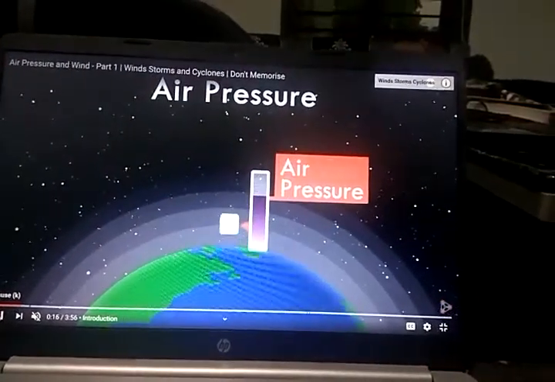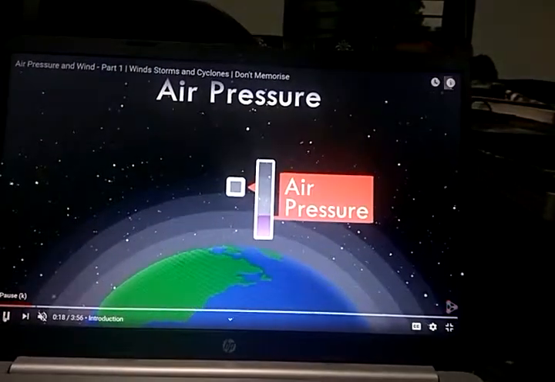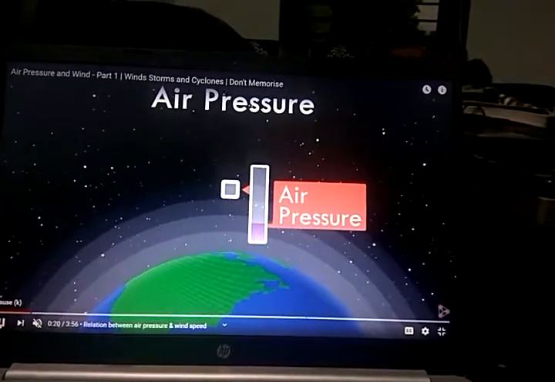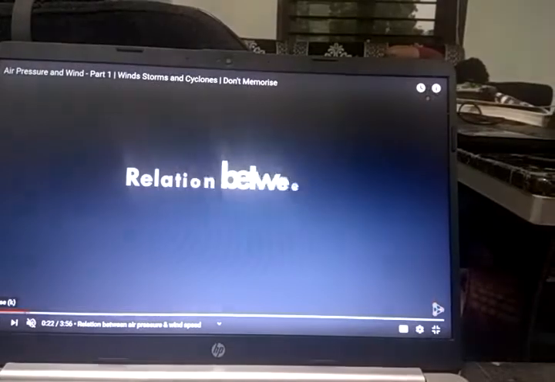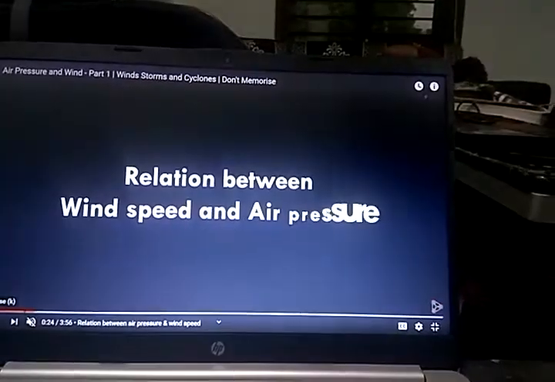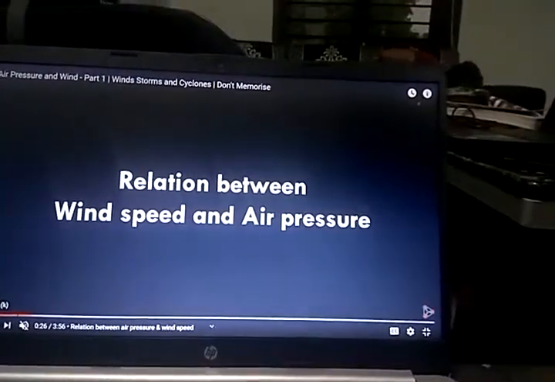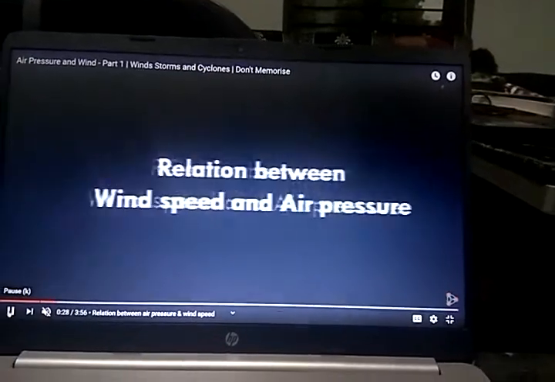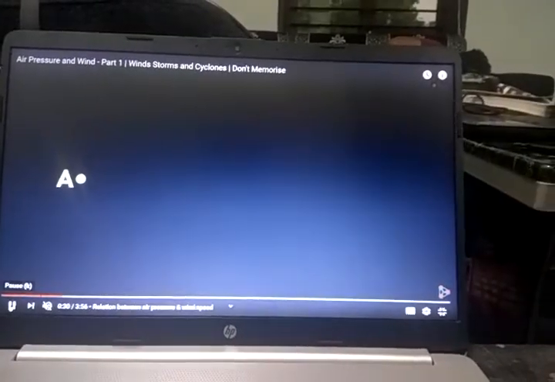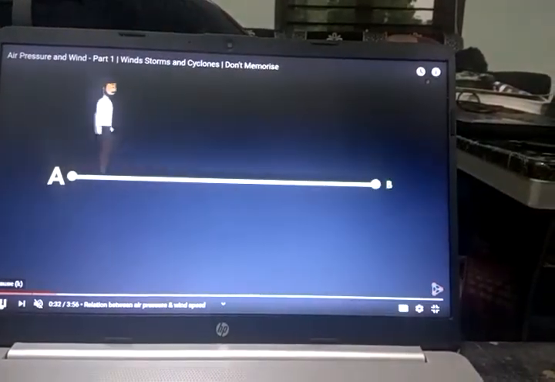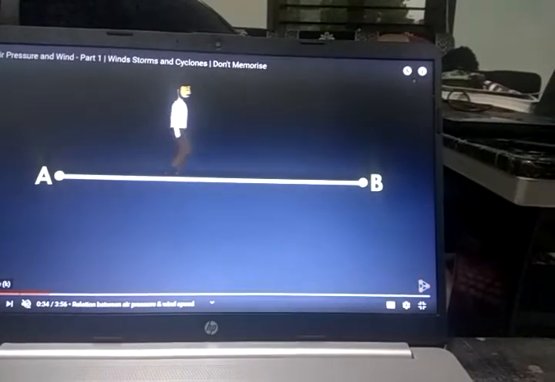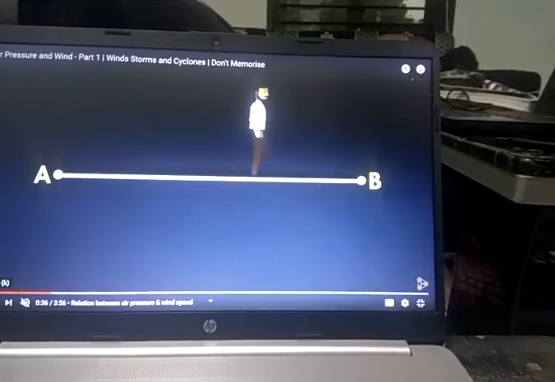Here you see that when you go down, air pressure is maximum. When you go up, air pressure is minimum. Here is the relation: you see one person moving from A to B side.